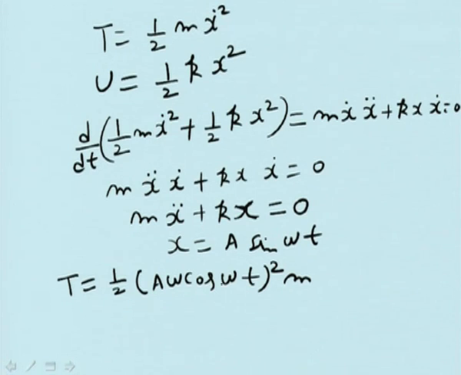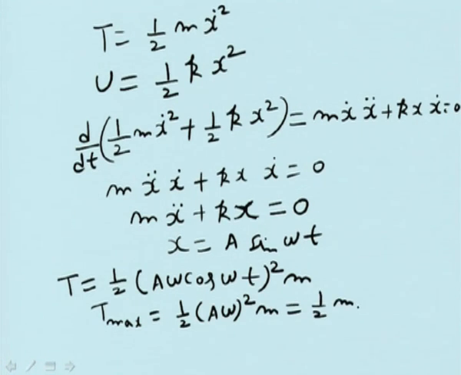As the maximum value of cos omega t is 1, therefore T max is equal to half a square omega square into m, which is half m a square omega square.